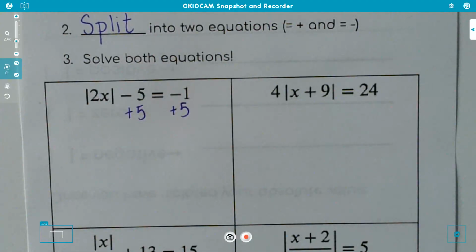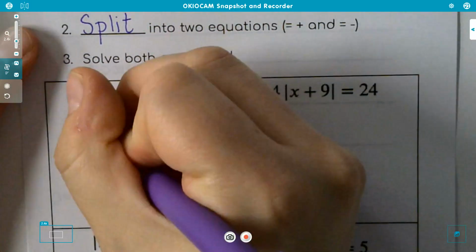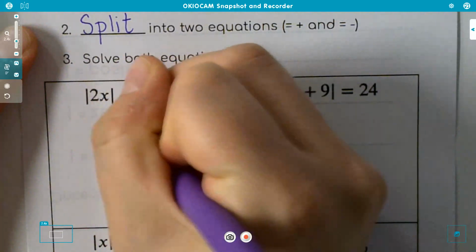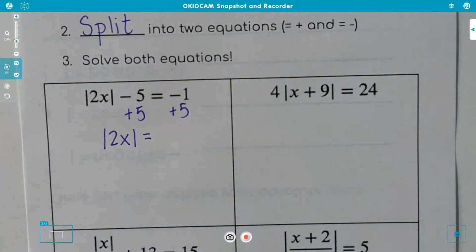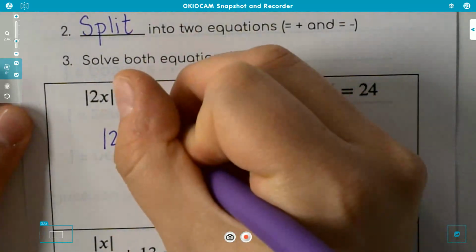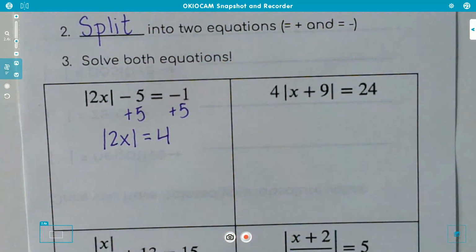Once I have added 5 to both sides, I'm going to have the absolute value of 2x equals, and then negative 1 plus 5 is 4. Okay, so that was the first step.